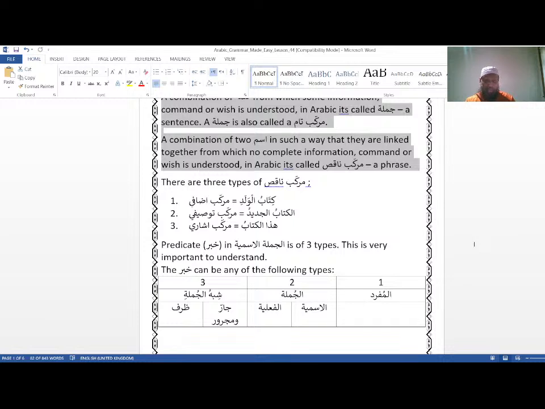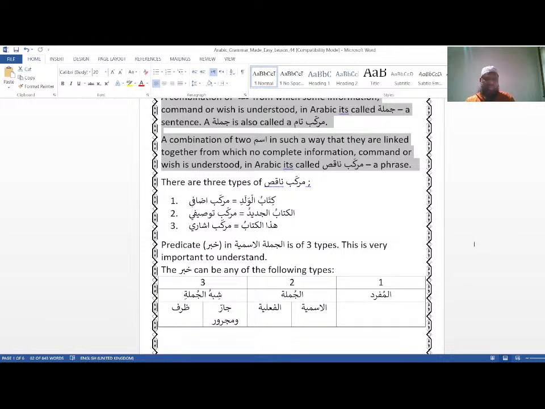So shibhul jumla, when jar majrur comes in place of khabar, and when ظرف comes in place of khabar, that will be shibhul jumla. Means resembles like a jumla. There's something hidden we need to find out to make a complete jumla, because the hidden thing is not visible.